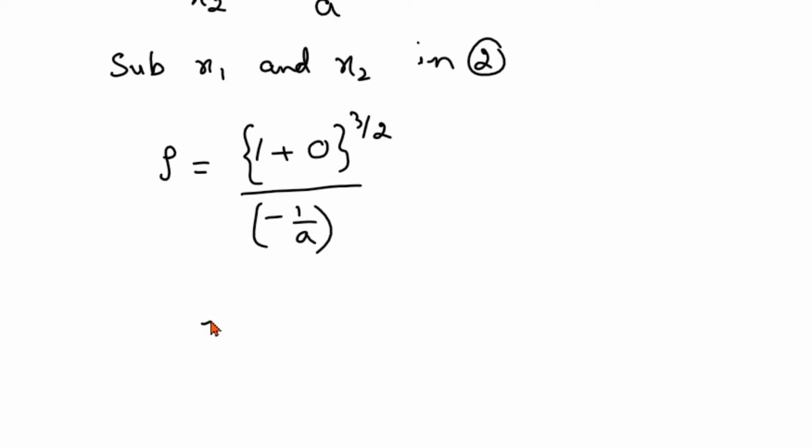Therefore, in the numerator, 1 to the power of 3 by 2 is 1 itself, and in the denominator we have minus 1 by a. Taking it to the numerator, it becomes minus a. So we get the radius of curvature rho equals minus a.